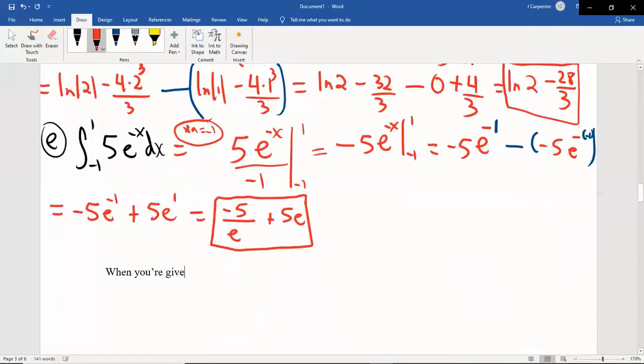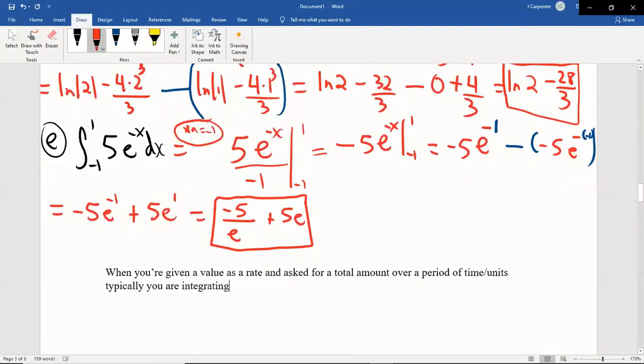When you're given a value as a rate, and asked for a total amount over a period of time or units of production, typically you are integrating.